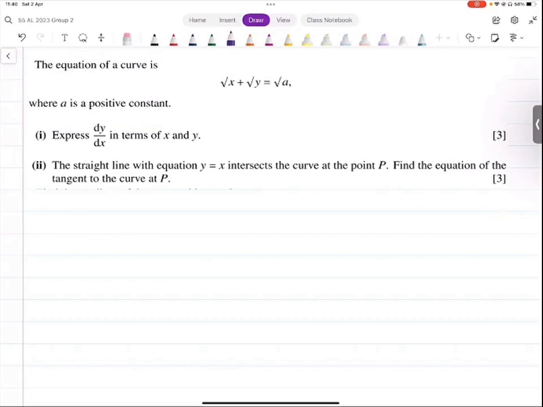We can make it, so that's possible. But if you do make y the subject, तो जो आपके डेरिवेटिव आएगा वो सिर्फ x की टर्म्स में आएगा. We want it to be in terms of both x and y. अगर आप y को सब्जेक्ट बना दोगे तो वहां पे जो डेरिवेटिव आएगा वो सिर्फ x की टर्म्स में आएगा. जब आपका y सब्जेक्ट नहीं बना हुआ, आपने उसको सब्जेक्ट नहीं बनाना. ओके?